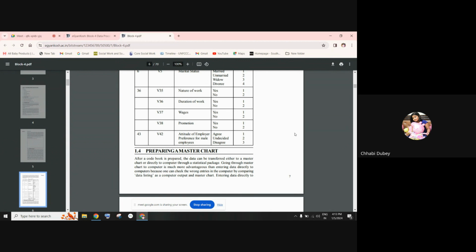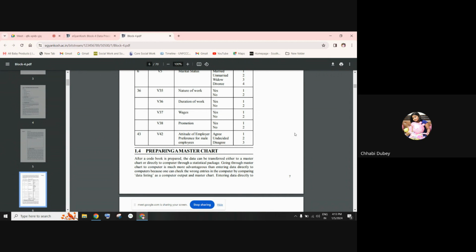And the master chart is basically the manual preparation of the codes. Now, going through a master chart to computer is much more advantageous than entering data directly to the computer, because once we are entering the entries in the master chart, we are actually able to check whether the entries are wrong or right, by comparing the data listing.